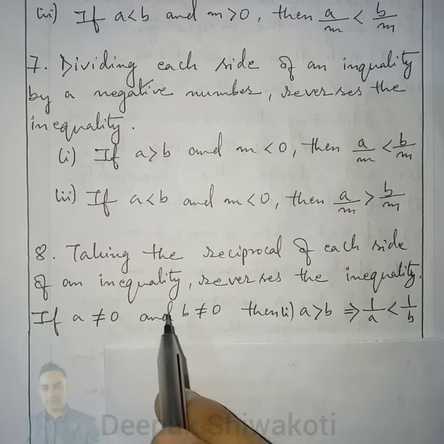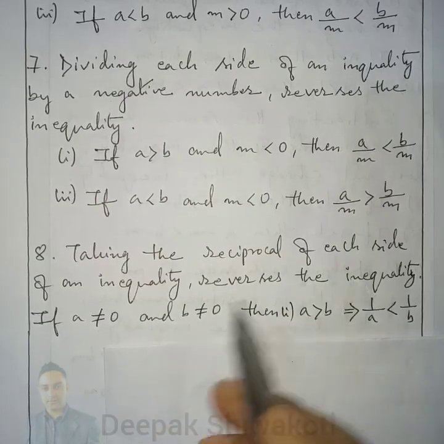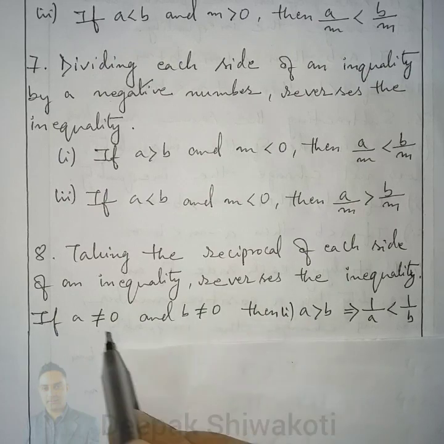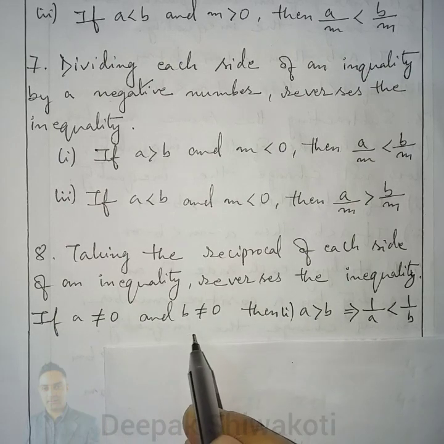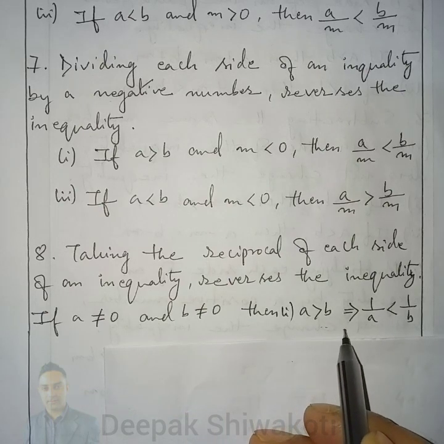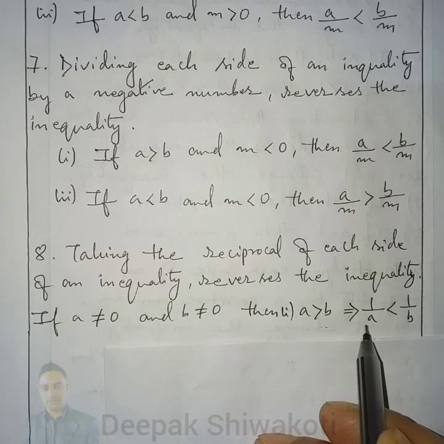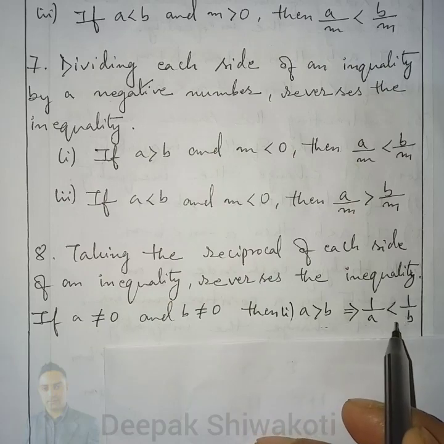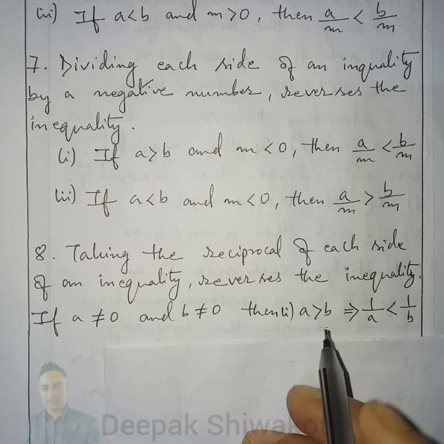Number 8: taking the reciprocal of each side of an inequality reverses the inequality. If a is not equal to 0 and b is not equal to 0, then a is greater than b implies 1 by a, the reciprocal of a, is less than 1 by b, that is the reciprocal of b.